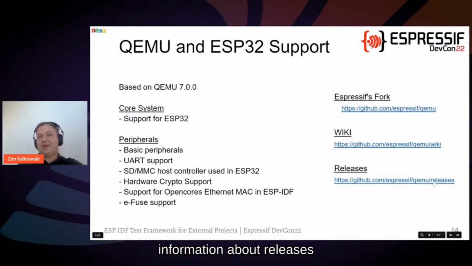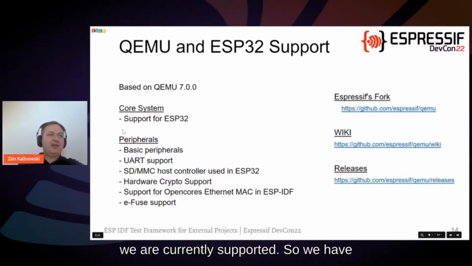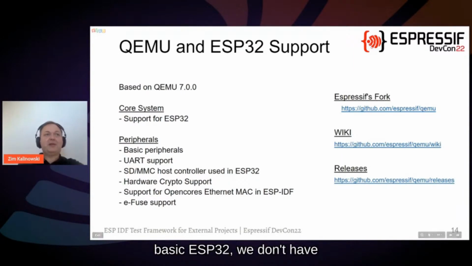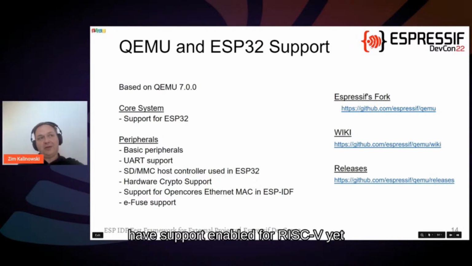information about releases. On the left, you can see what we currently support. Right now we have support for the basic ESP32. We don't have support for any other hardware, and we don't have support enabled for RISC-V yet.